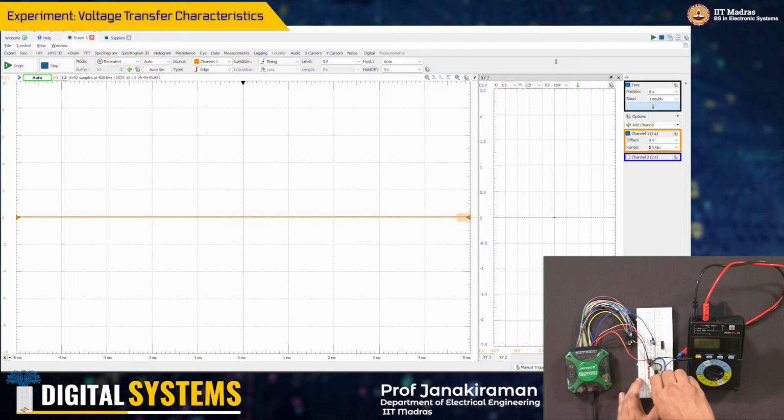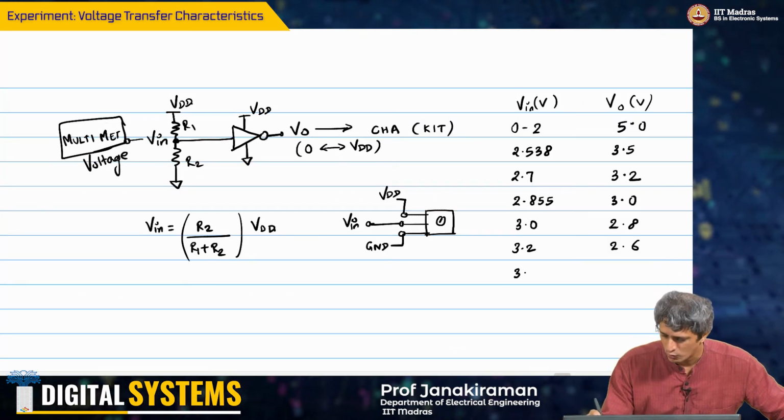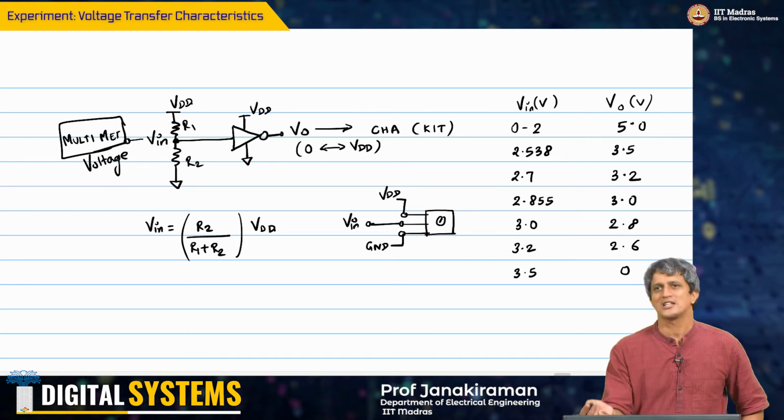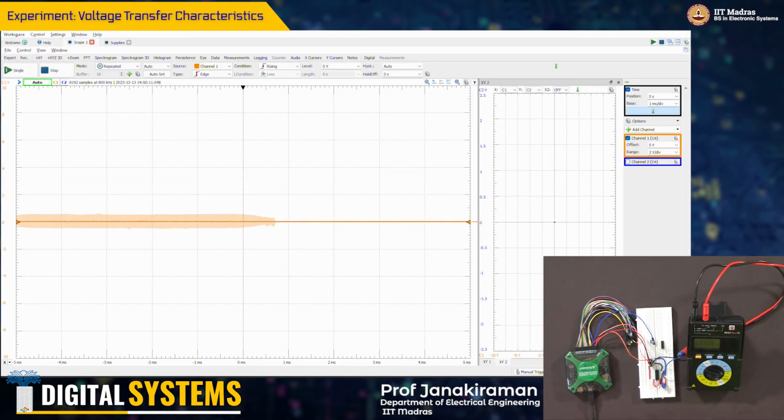Yeah. So what you see is, it might be hard to get some measurements in that region, but beyond 3.5 volt again, right? If you look at it, I'll go to 3.5 volt, the output sort of fell drastically down to 0. Okay. So you look at this output here, it's now stuck at 0.